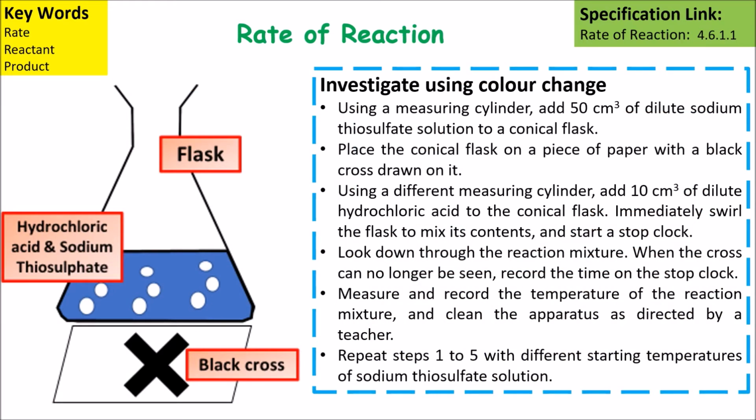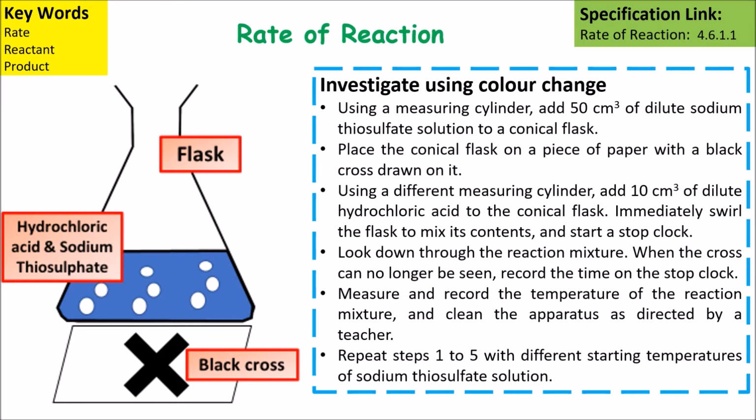So if we're investigating reactions by looking at colour change, the classic one is reacting hydrochloric acid with sodium thiosulfate. You'd use a measuring cylinder, add something like 50 centimetre cubed of dilute sodium thiosulfate solution, and place it in a conical flask on top of a piece of paper with a black cross drawn on it.